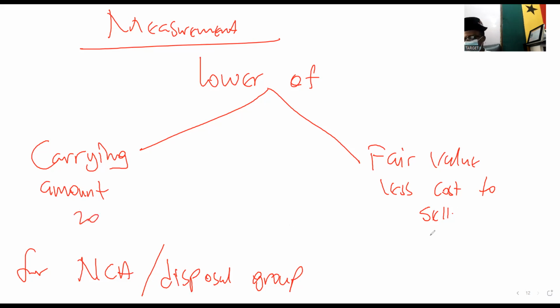Fair value less cost to sell is 15. We select 15 because 15 is lower than 20. Here you must know how to get the carrying amount. During the question solving stage, we'll pick some of them and illustrate how you can go by all these figures before you compare them. Okay. So take notice.